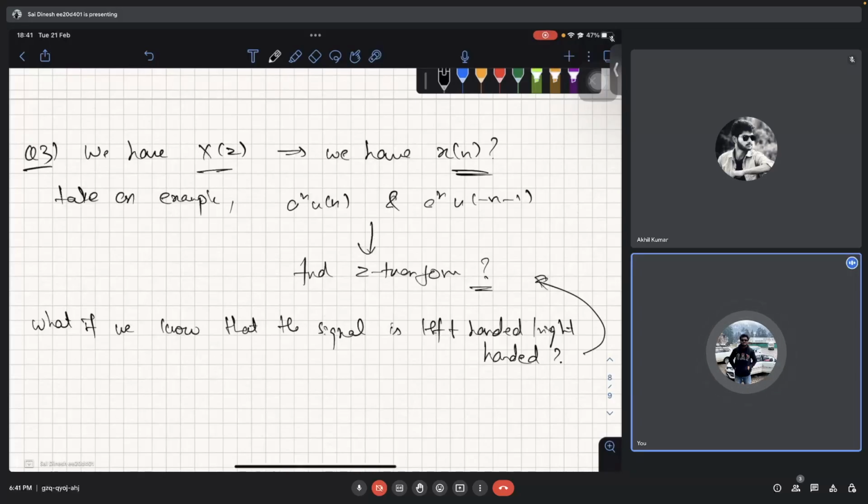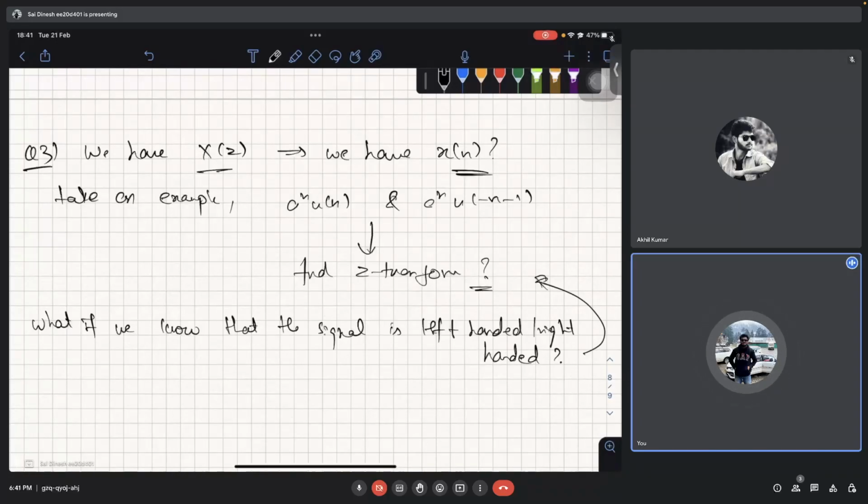Once you get question 3, I think this should be clear. If you have an x of z with a particular system of poles and zeros, you only have a few possible ROCs.